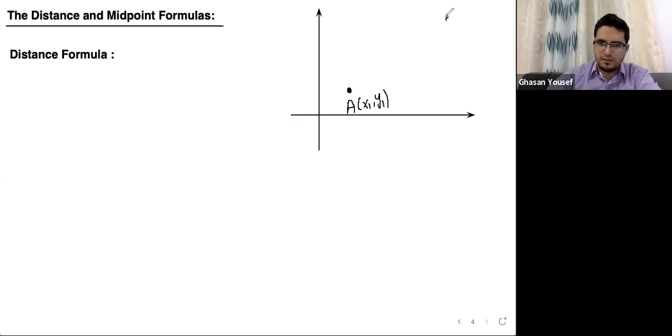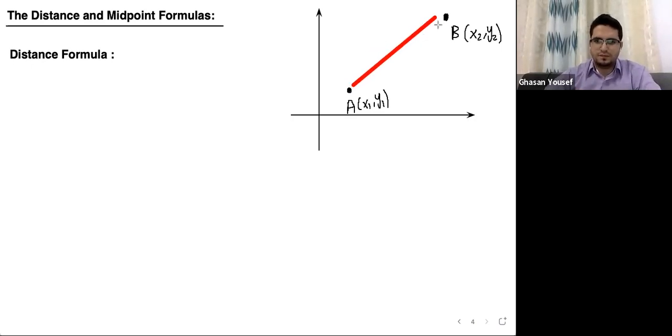And the second point is B, which has ordered pair x2, comma, y2. The question is, find the distance between these 2 points. This is my question.